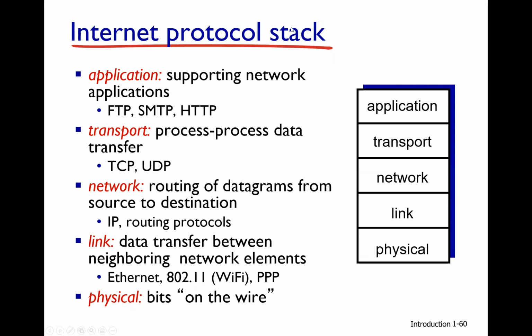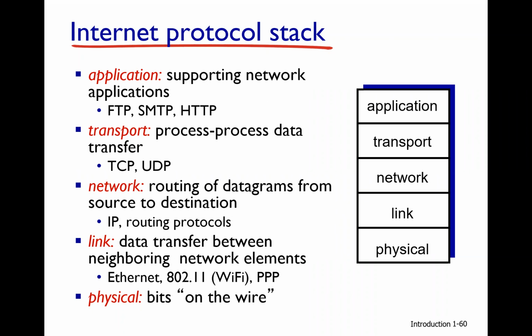Okay, we've talked about an overview of the layers. Now let's look at each of them individually and talk about some examples. From top to bottom, the top layer, which is the fifth layer, is the application layer.